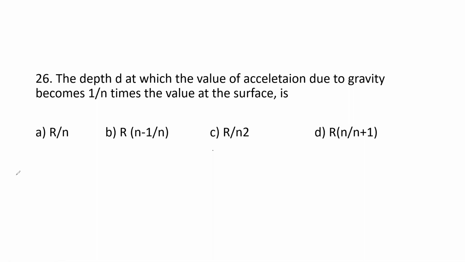Again the same formula as the previous question, that is g dash is equal to g into bracket 1 minus d divided by r.